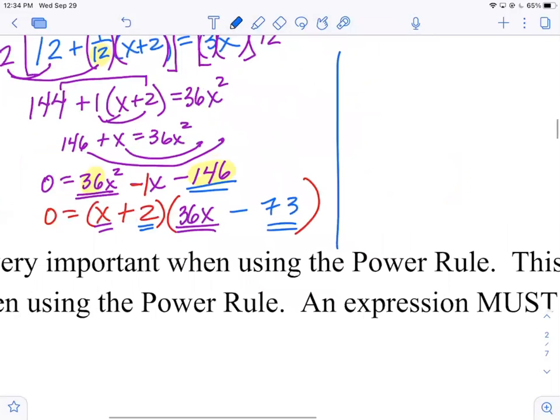And therefore, we get x equals -2, or if we solve that in our head, x equals 73/36. If you need to physically set them both equal to 0 and solve, so you don't make an algebraic mistake in your head, go ahead and do that.